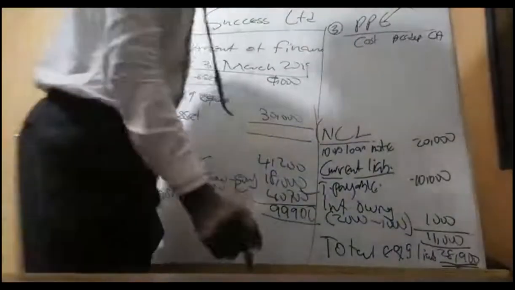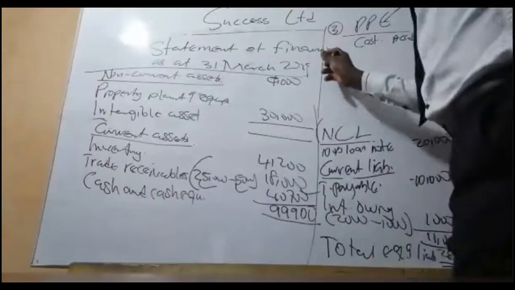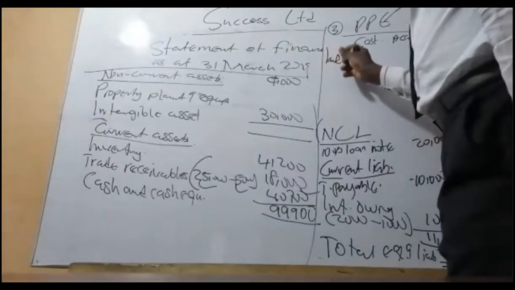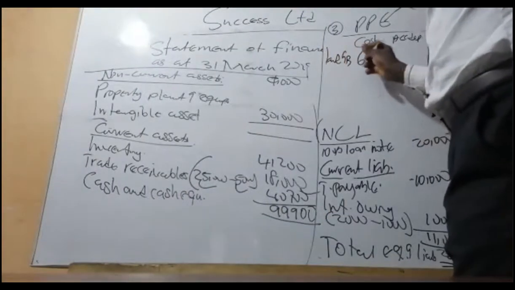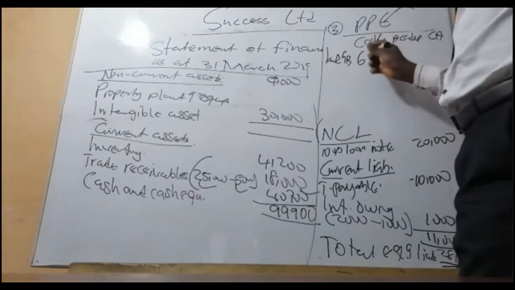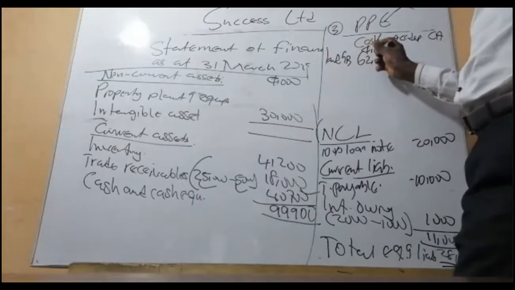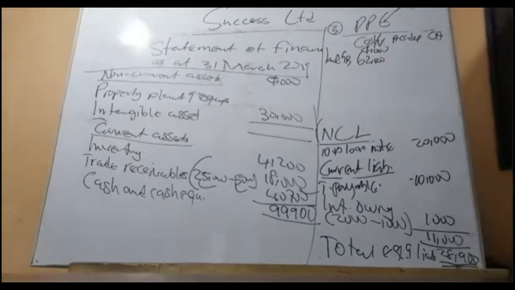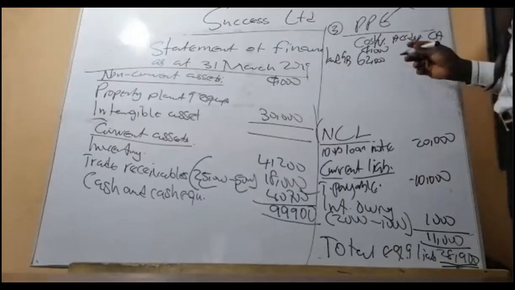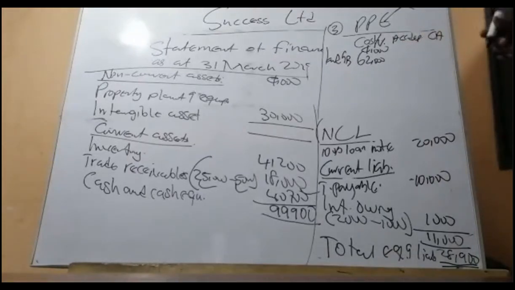Land and building, cost or valuation, 62,000. Please don't forget your currency. Then, do you have accumulated depreciation for land and building?